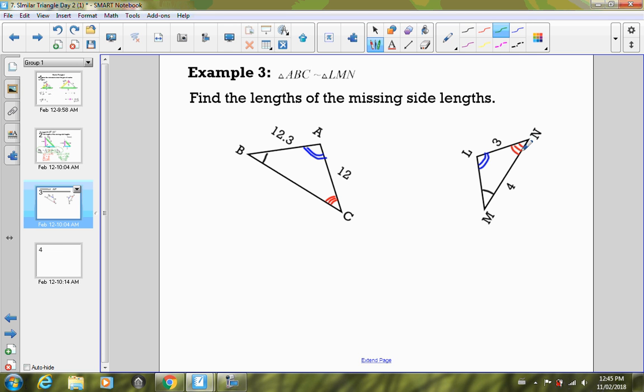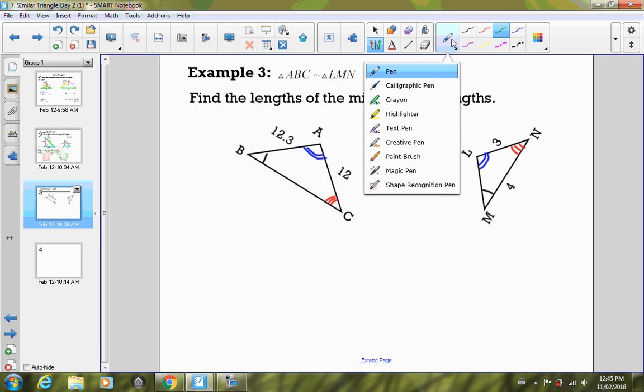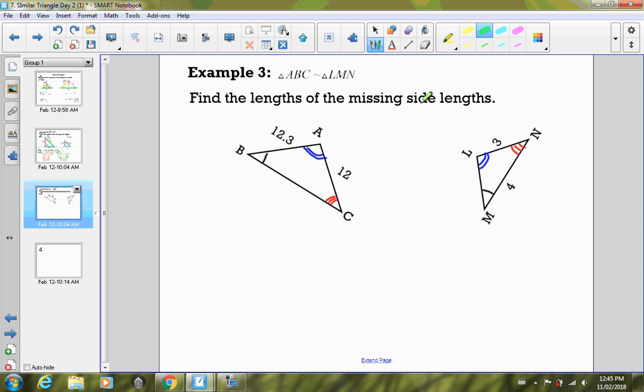So again, my goal will be to find the missing side lengths. But first, before I do that, I want to highlight my similar sides. Now the direction has changed, so it's not quite as easy as the one before. So I'm going to do this one here, A and B. Now, what side length do you think would be similar to AB in my smaller triangle?